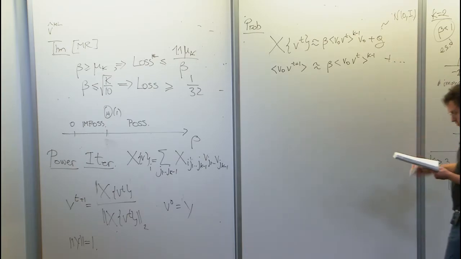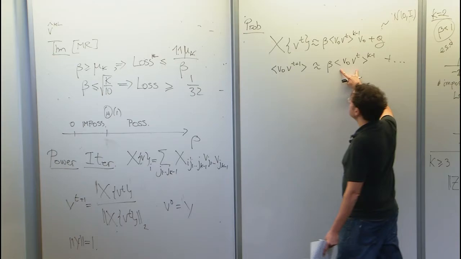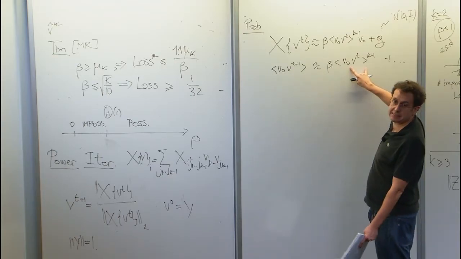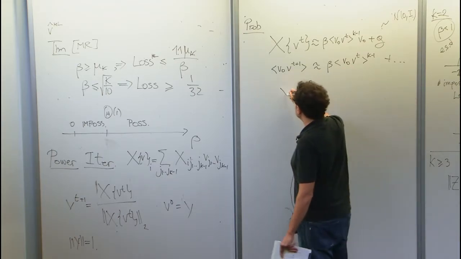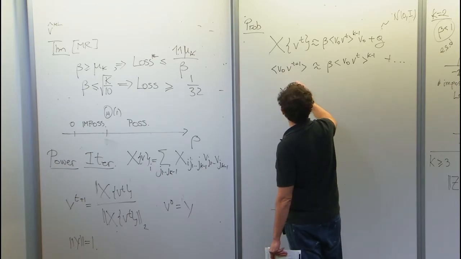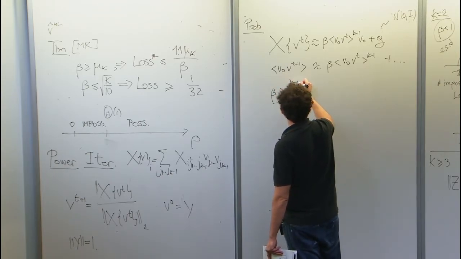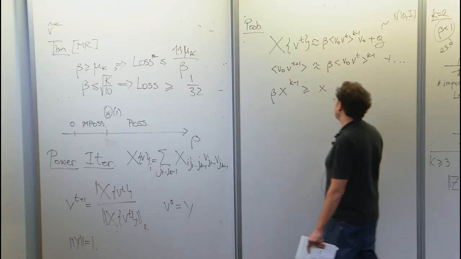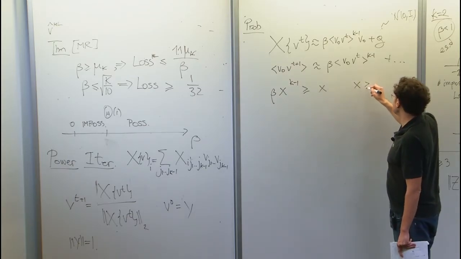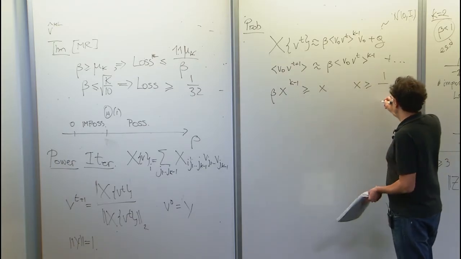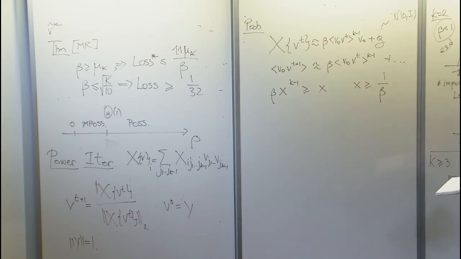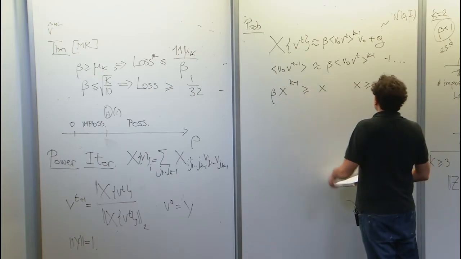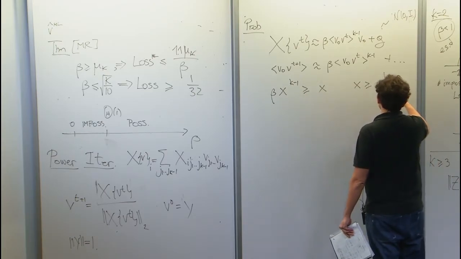And you see, if you want this to be bigger than this, you need beta times x to the k minus 1 bigger than x, so x bigger than 1 over beta to the power 1 over k minus 2.